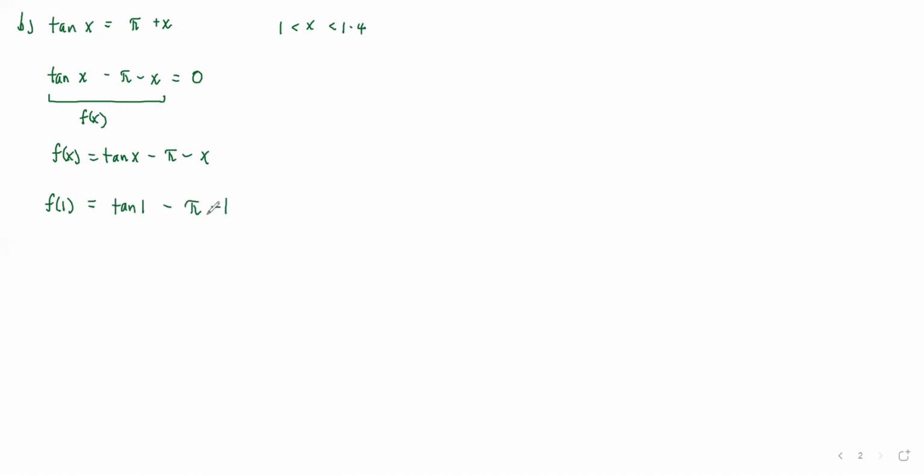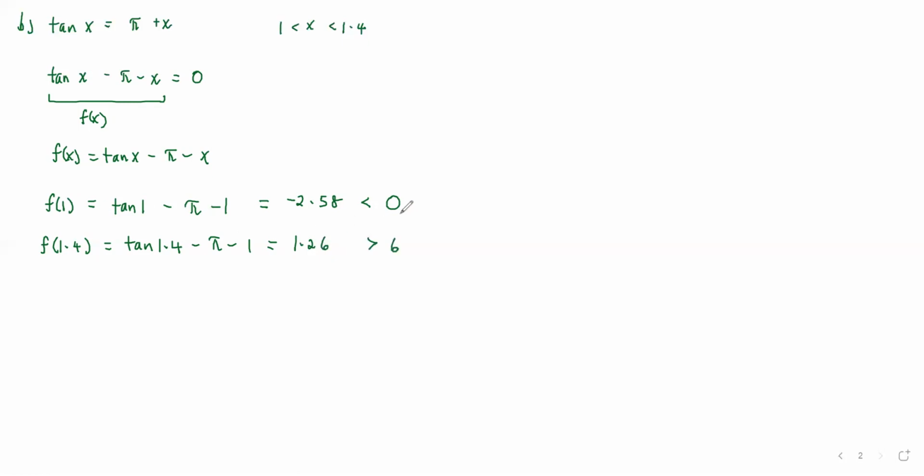Make sure that your calculator is in radian mode, and we see that f at 1 is negative 2.58. This is less than 0. Then we evaluate f at 1.4, that is tangent 1.4 minus pi minus 1. Use the radian mode again, and we have a value of 1.26, which is greater than 0.